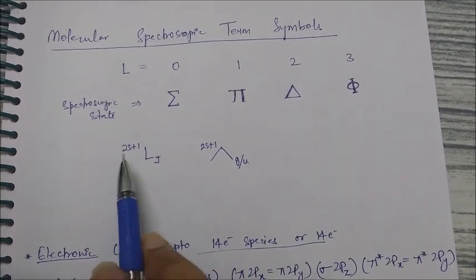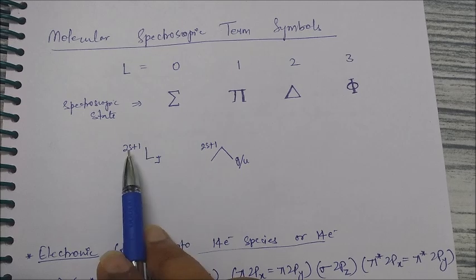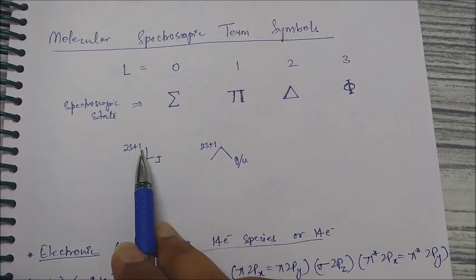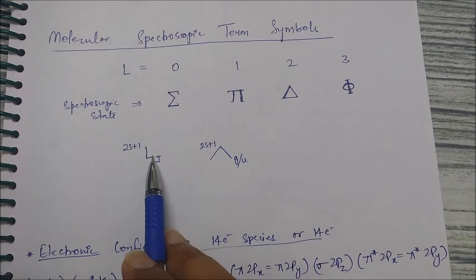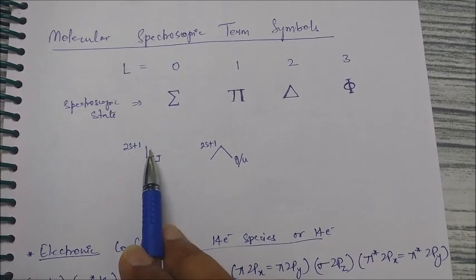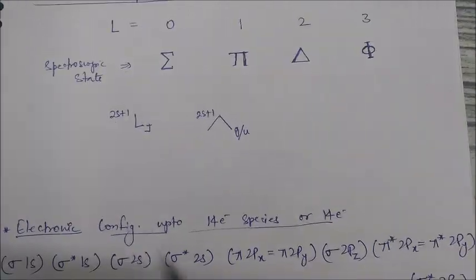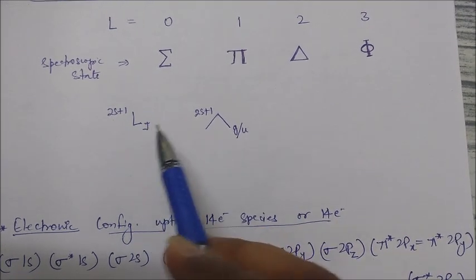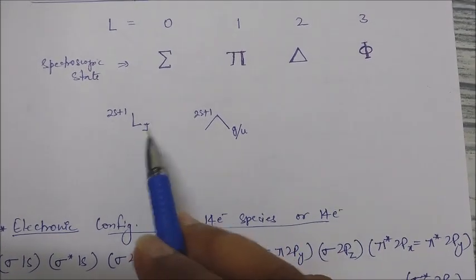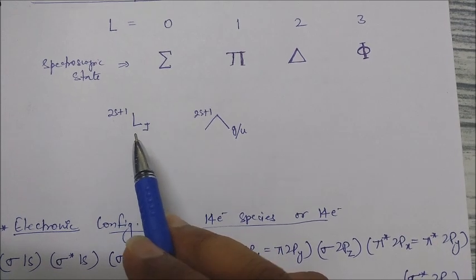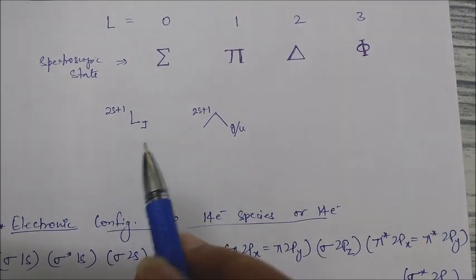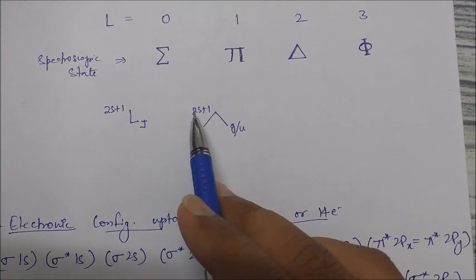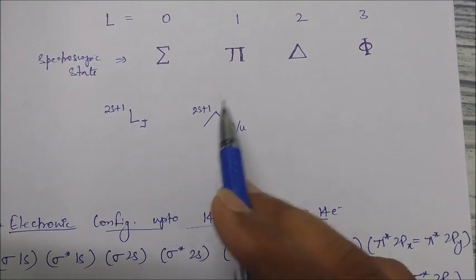What I was telling is that in atomic term symbols we were using 2S plus 1 L J, where 2S plus 1 was the spin multiplicity, L was your orbital angular momentum quantum number, and J had values from L plus S to L minus S. But here things are a little different. 2S plus 1 is similar, that will give you the multiplicity.